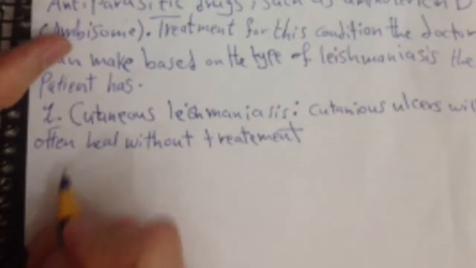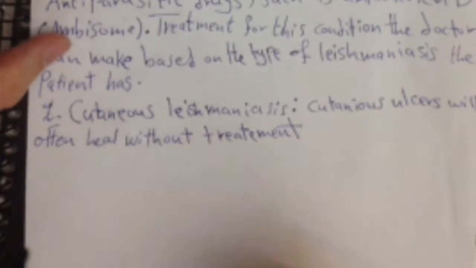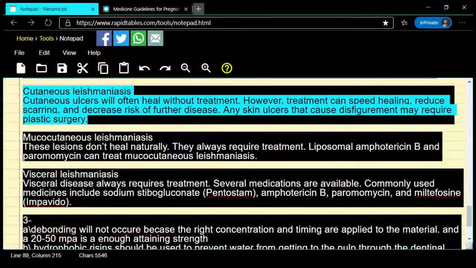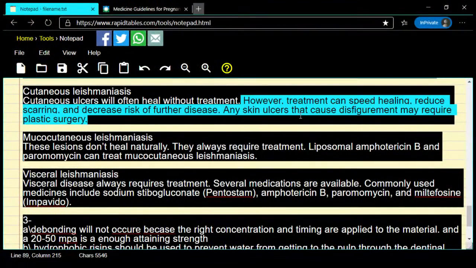Next is that, however, treatment can speed healing.